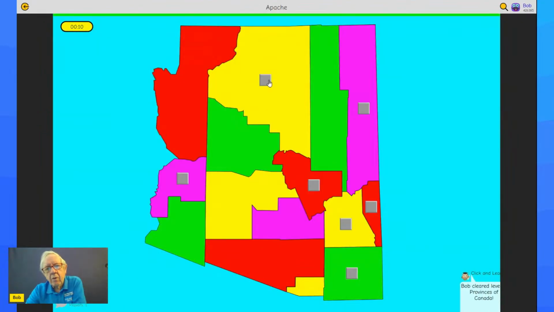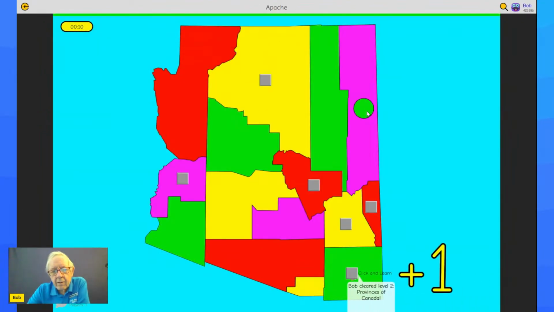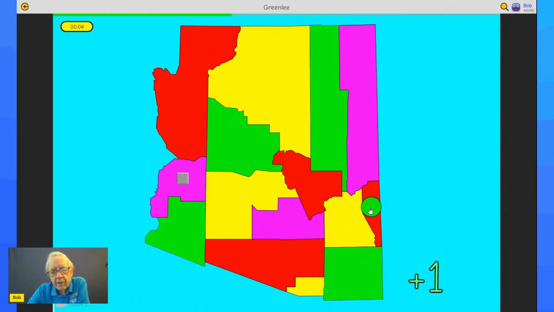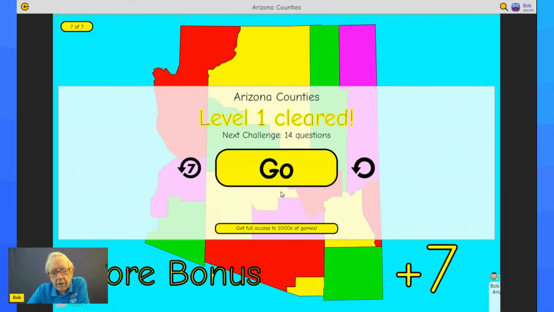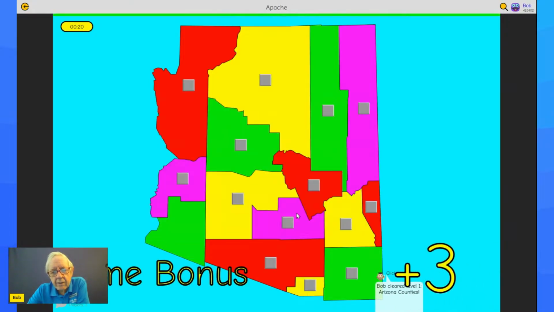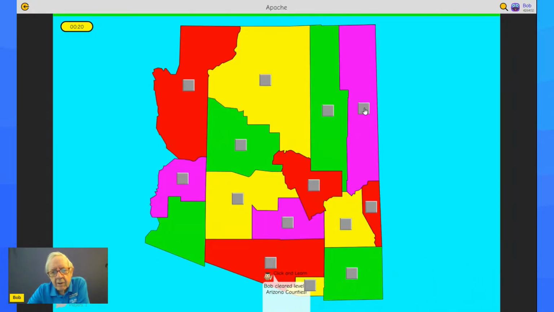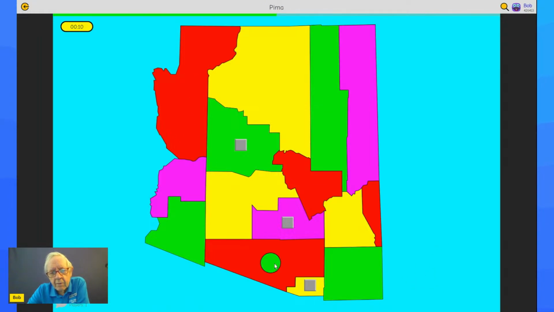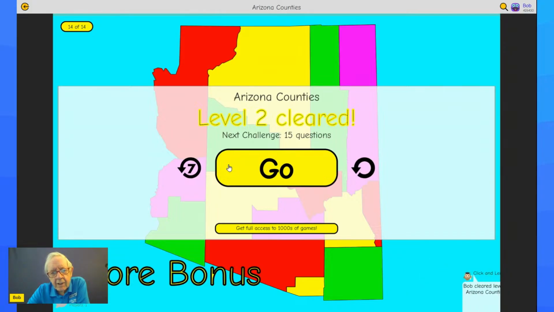It asks for Apache, Cochise, Coconino, Gila, Graham, Greenlee, La Paz. Beat the clock. Now go to 14. Apache, Cochise, Coconino, Gila, Graham, Greenlee, La Paz, Maricopa, Mojave, Navajo, Pima, Pinal, Santa Cruz, Yavapai, and now we go to 15.